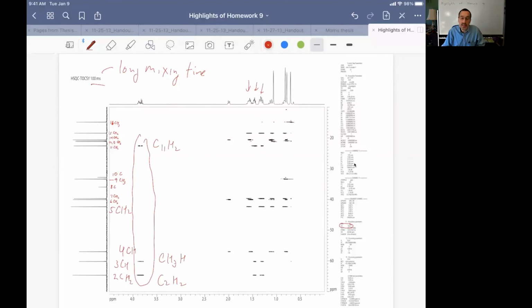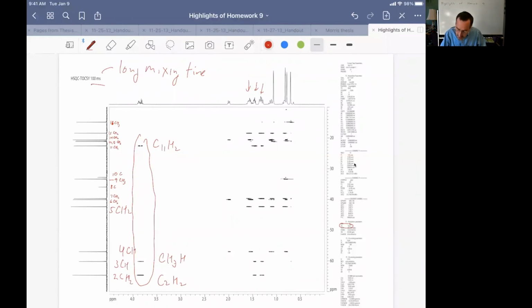In other words, it's a spin system that encompasses one methine and two methylene groups. And I'll point out that the methine and methylene group are reasonably far downfield in the NMR spectrum, and you'll be able to figure out more about which ring these correspond to.